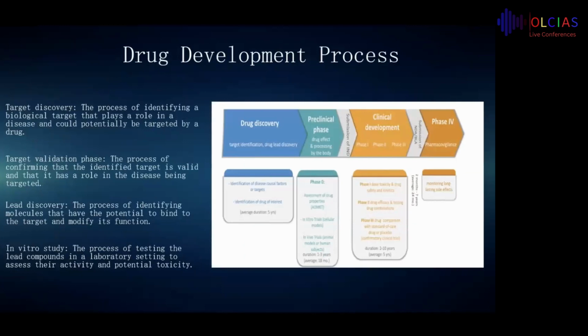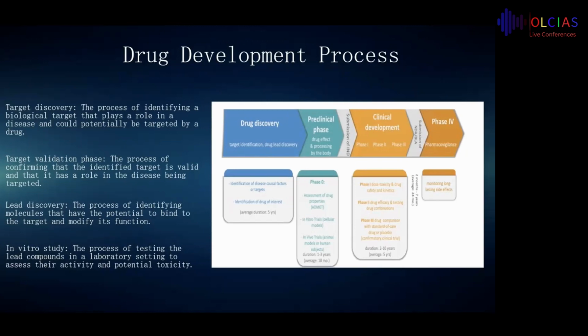Drug development process. Target discovery: the process of identifying a biological target that plays a role in disease and could potentially be targeted by a drug. Target validation phase: the process of confirming that the identified target is valid and that it has a role in the disease being targeted.